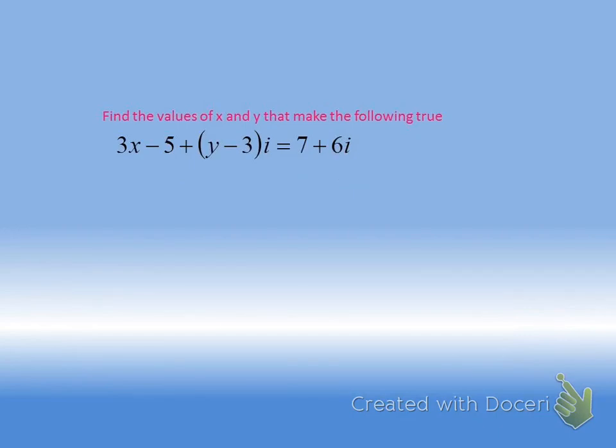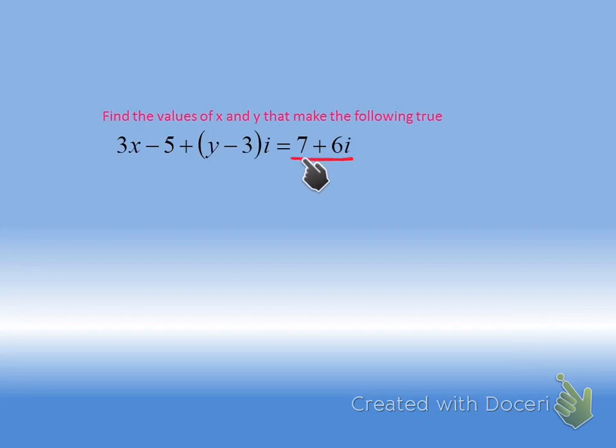Now, the right side here, the 7 plus 6i part, that's a complex number. Plain as day. Real part, imaginary part, you have a complex number. And what this question wants to know is what number do you need to put in for x, and what number do you need to put in for y that will make this left side be 7 plus 6i.